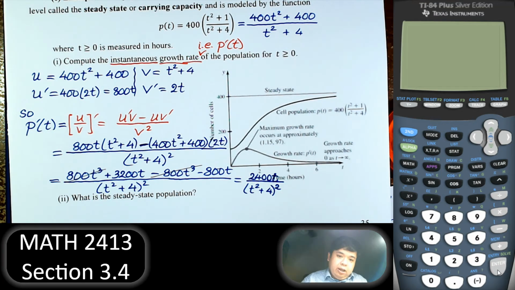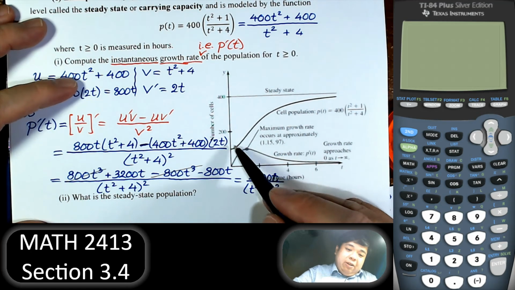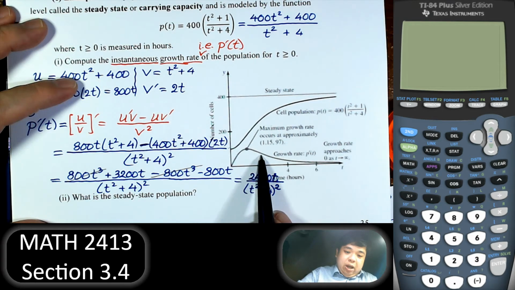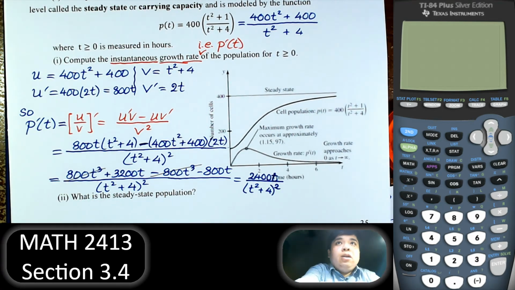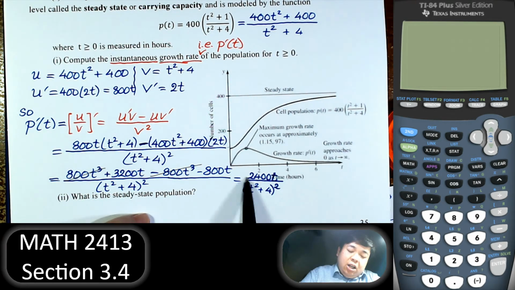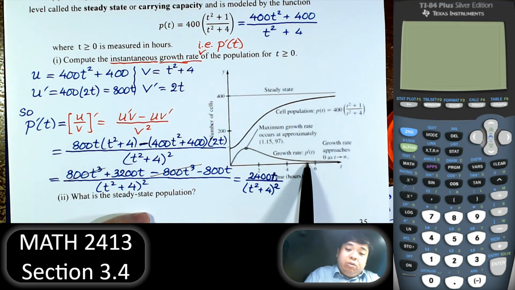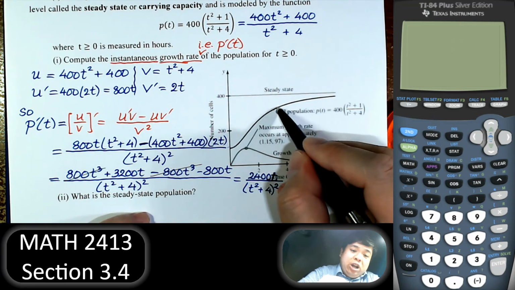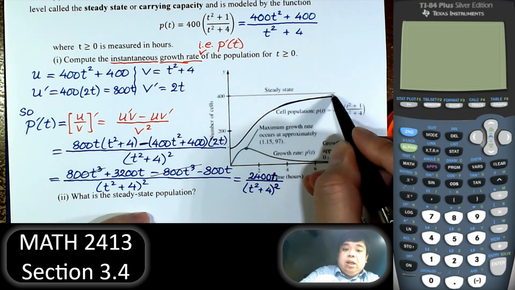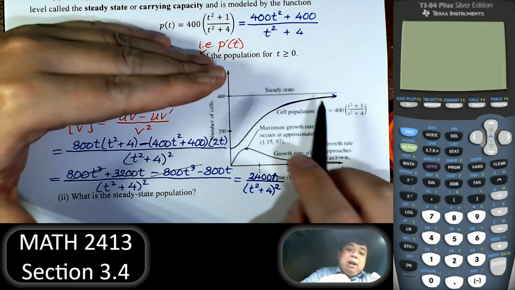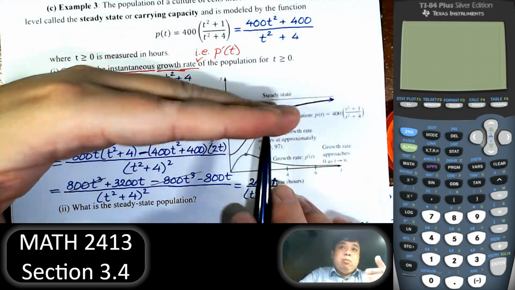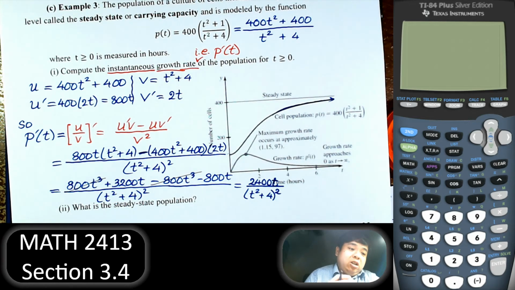Now, if we put it on the graph, we have the population going like this and the derivative going like this. What we see is that the growth rate, as t goes to infinity, gets smaller and smaller to 0. That makes sense because the population, even though it is increasing, cannot get past the carrying capacity, which is the maximum possible population.